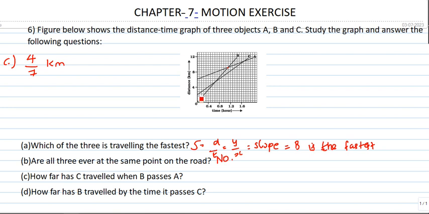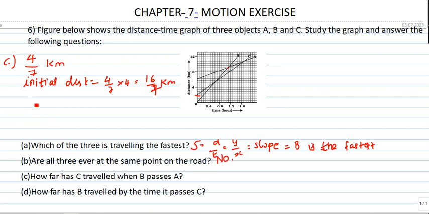So say 1, 2, 3, 4. So the initial distance of C at the time 0 is equal to 4 by 7 into 4, because there are 4 lines there. So we have 16 by 7 kilometers. So this is the initial distance of C. So at this time 0, C has travelled this distance. So this is 16 by 7 kilometers.